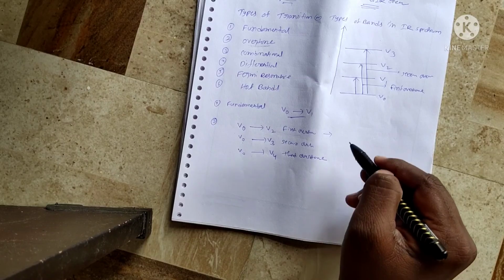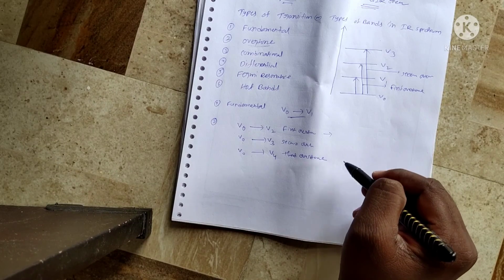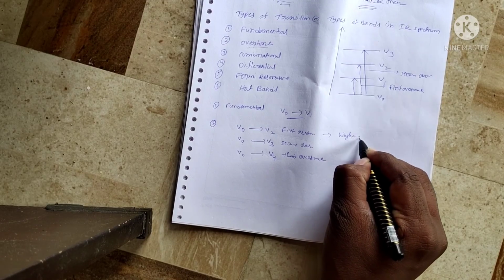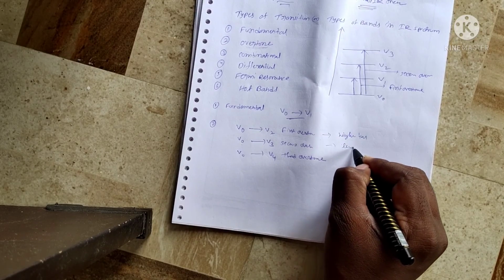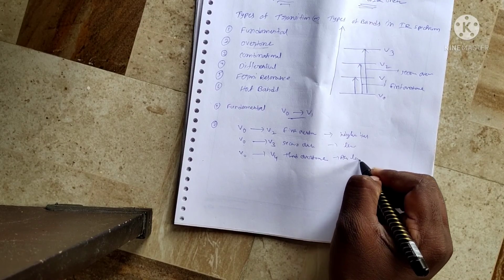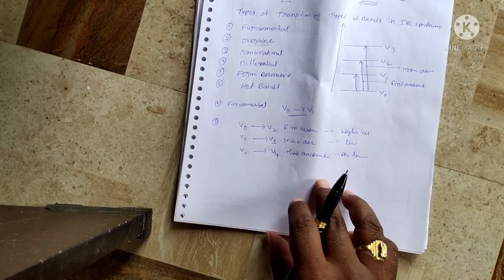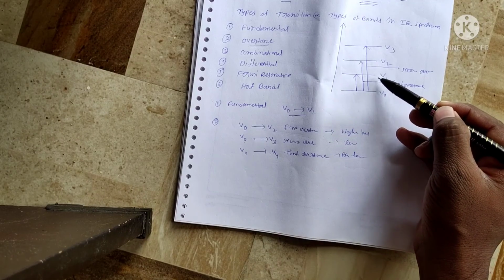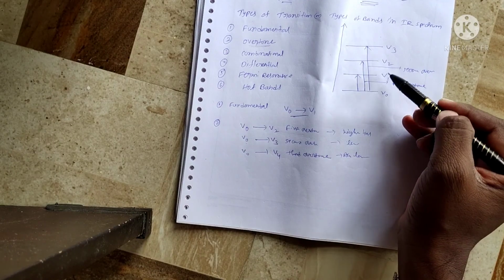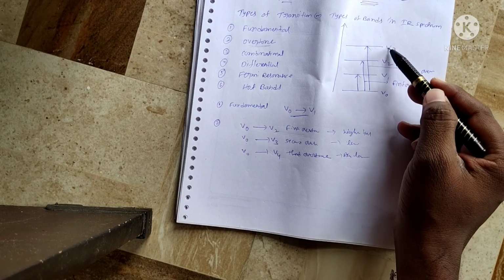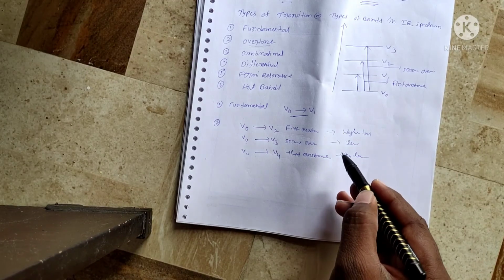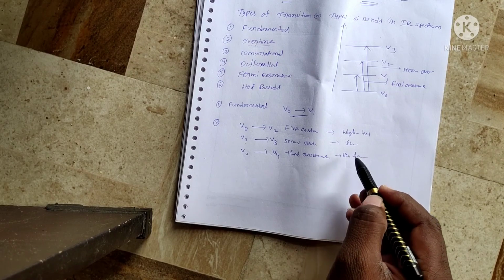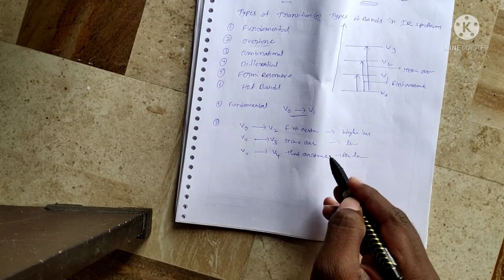Like this, the intensities of higher overtone bands decrease. Ground state to first means fundamental vibrations; V0 to higher excited states, V2, V3, V4, are overtone bands: first overtone, second, third, and so on. The intensities decrease with the higher overtone bands.